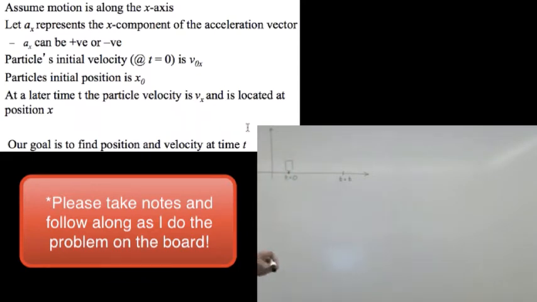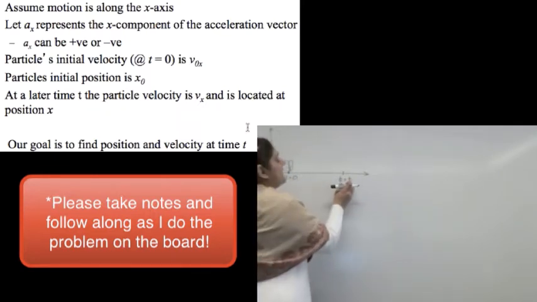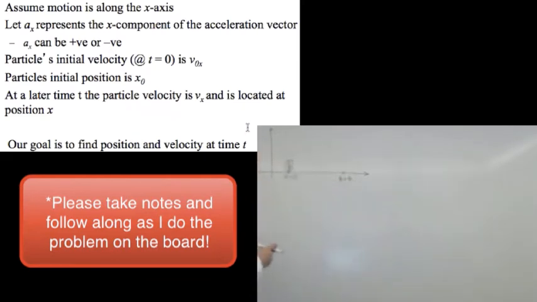Note, I didn't make a car. I could have easily made a car, or a car with a person inside, or a kitty cat in there. It doesn't matter. So my assumption is that there is something here that I know the initial conditions to, and then I will have some final conditions here.